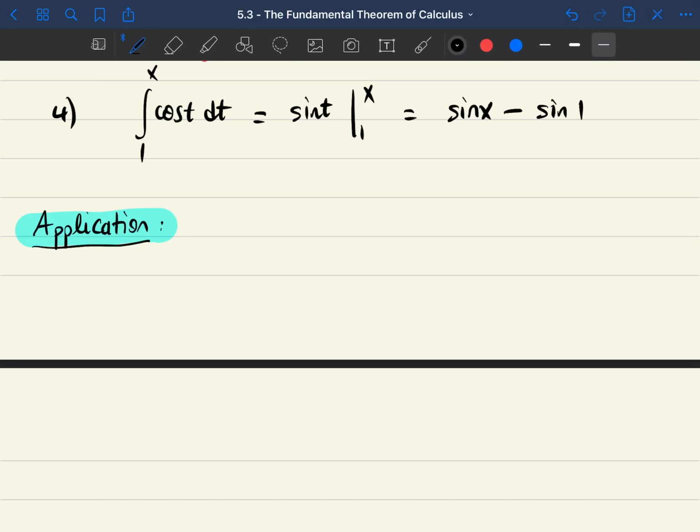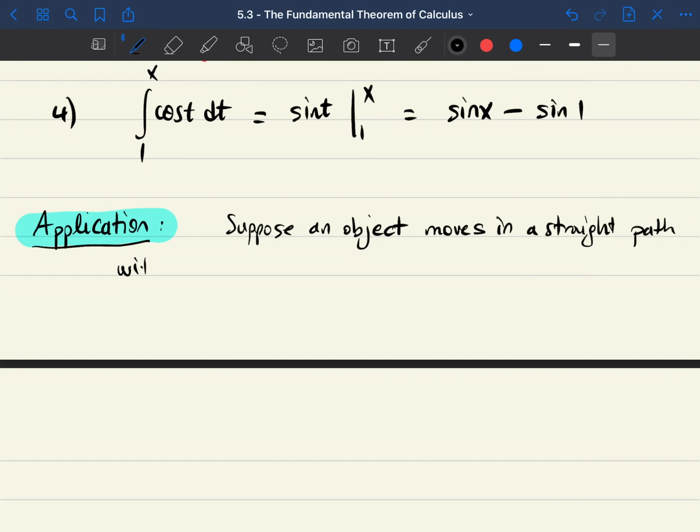Let's suppose an object moves in a straight path with velocity function, let's say v of t. Let's pick an easy one for now. So v of t equals t squared minus 1. And let's suppose that time is positive or 0.